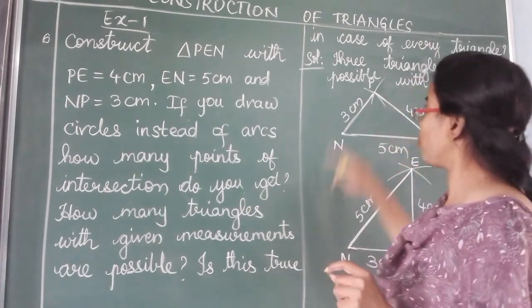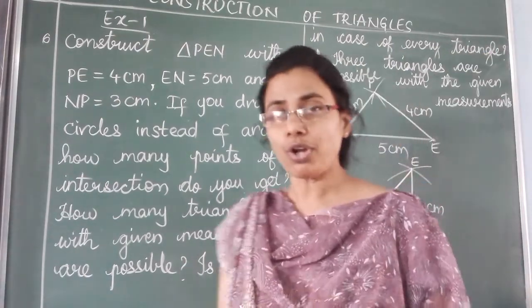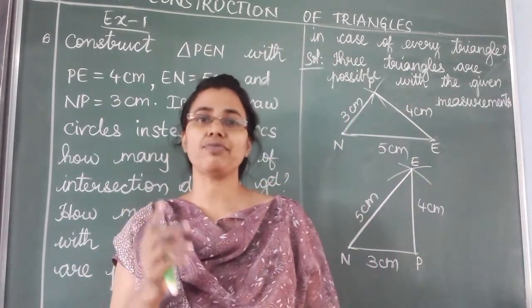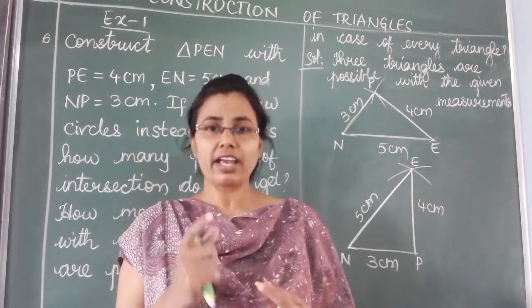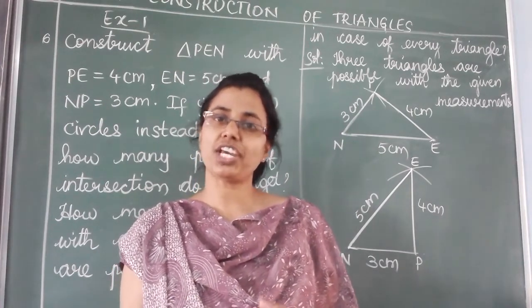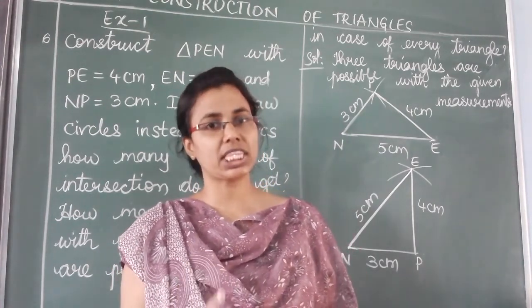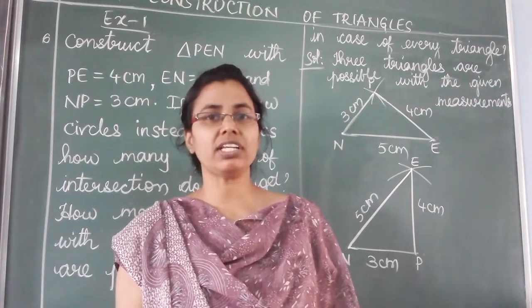Is this true in case of every triangle? When you want to construct a triangle, we have seen that they are giving you 3 sides. Take the base differently each time. If you take the base differently each time, you are going to get 3 triangles. So it is true in all the cases.